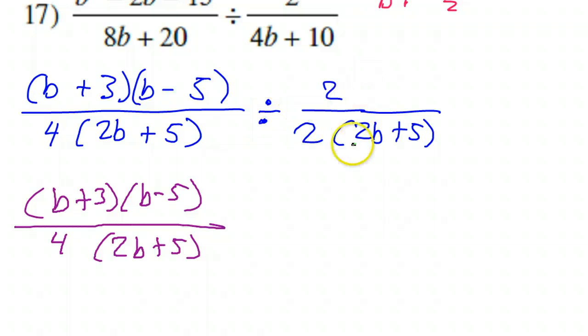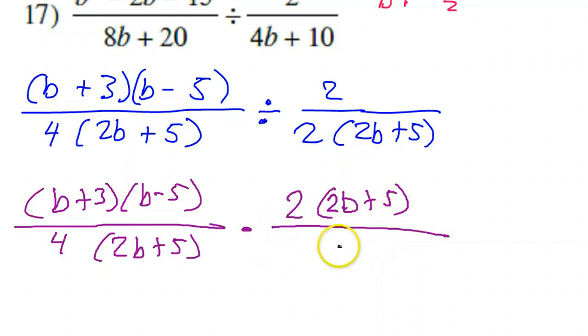Now I'm going to multiply by the reciprocal, so it's going to be times 2 times 2b plus 5, over 2. So now let's start canceling things out.